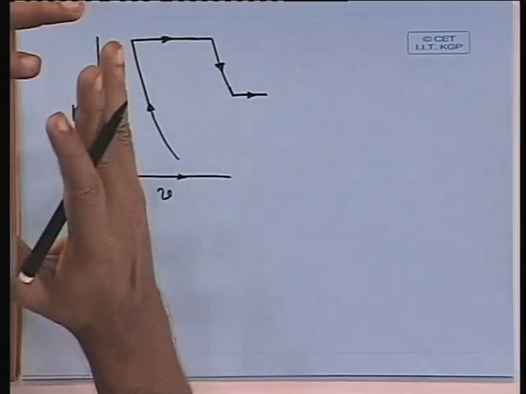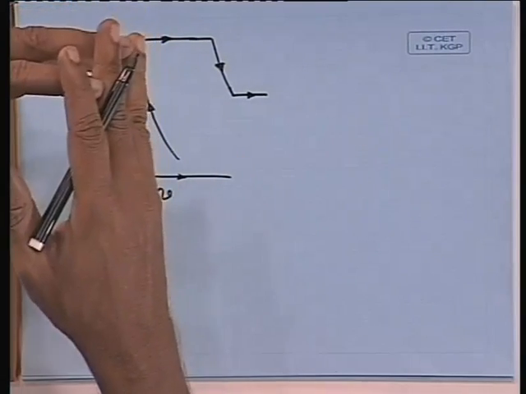The combustion process we will have in two stages. Initially, we will not burn all the fuel in the incoming air stream. Part of the fuel will be burnt in the incoming air stream. Then the product of combustion, which still has a lot of oxygen content, will be allowed to pass through a turbine, where partially its pressure will be reduced and its temperature will fall.